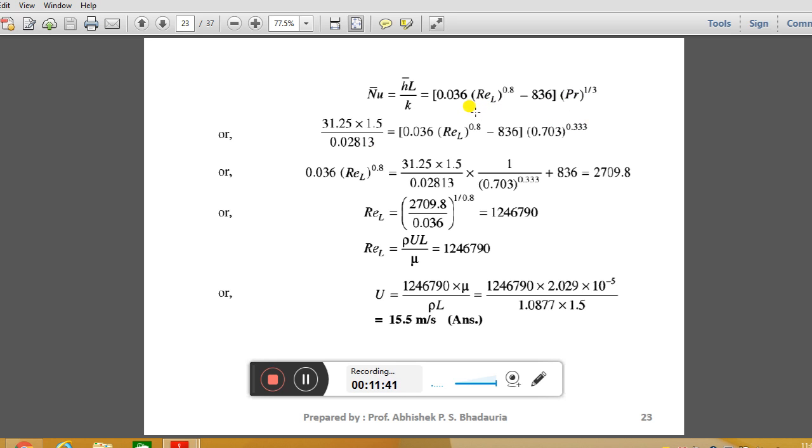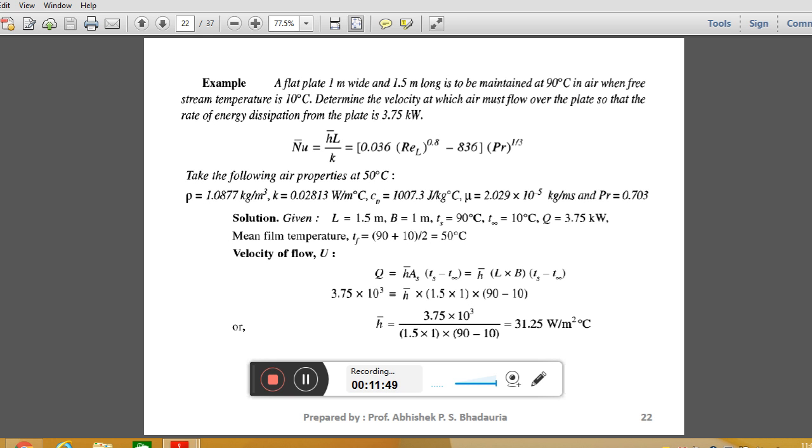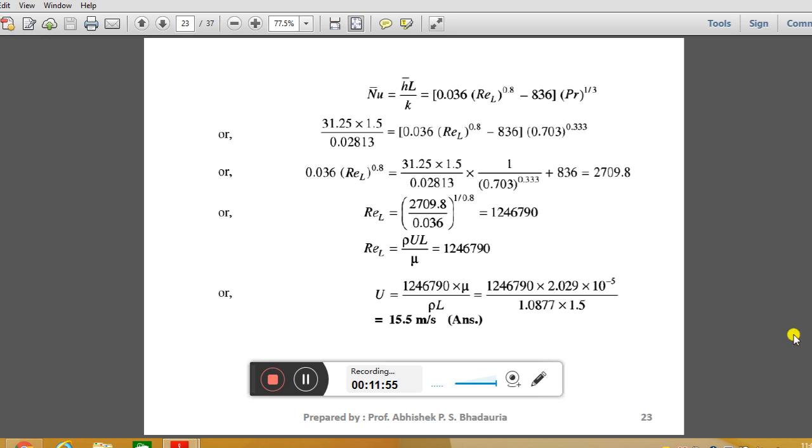The Reynolds number is unknown here. What about the Prandtl number? We can calculate it, but the Prandtl number is already given in the problem, so you feed in the value of the Prandtl number directly. Everything is known to us. The only unknown is the Reynolds number. So one equation, one unknown. You solve this, and you can find the Reynolds number.